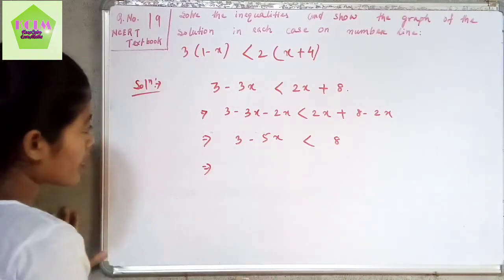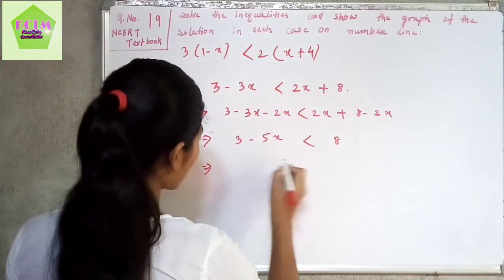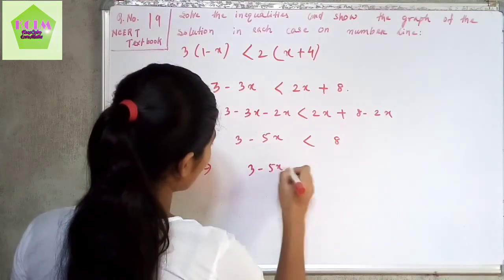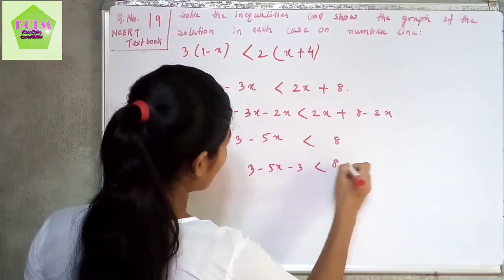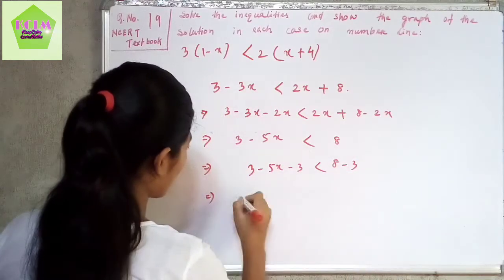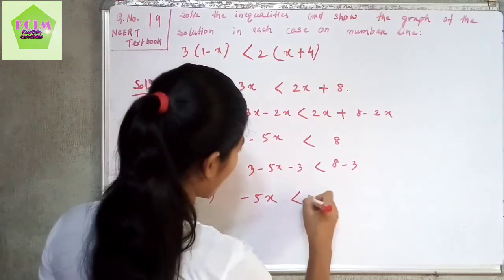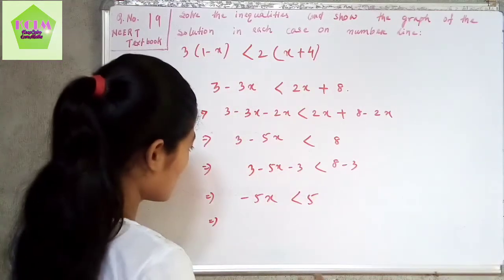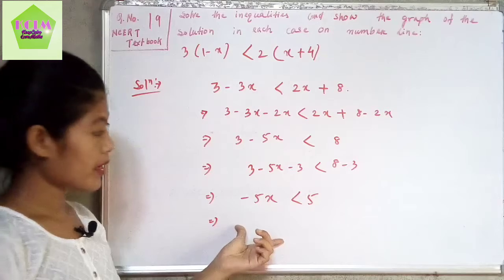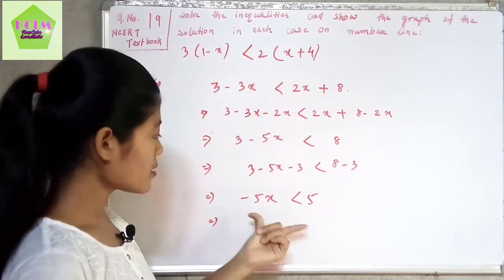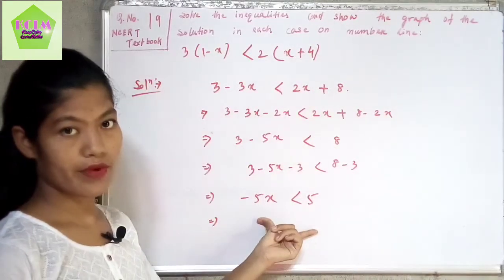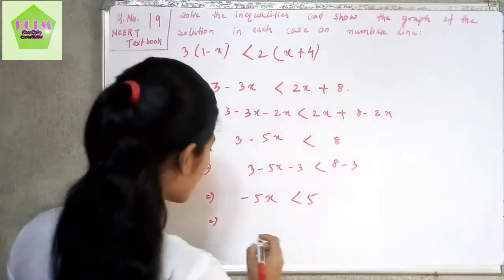Again, we subtract 3 on both sides, then it will become 8 minus 3, and here on the left hand side minus 5x less than 5. Now we will apply rule 3. We will divide by negative 5 on both sides of this inequality.